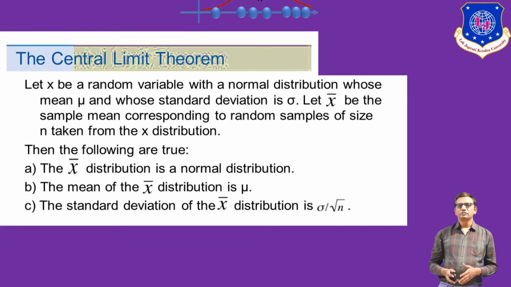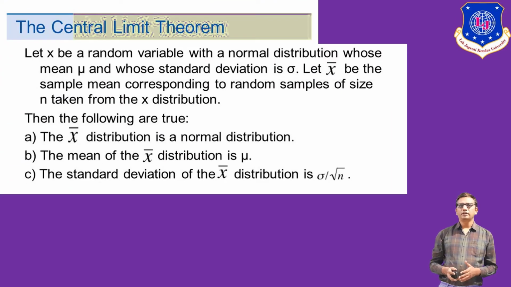So here is the statement of the central limit theorem. Let x be a random variable with a normal distribution whose mean is mu and whose standard deviation is sigma. Let x bar be the sample means of that population, where the random sample size is n from the x distribution.